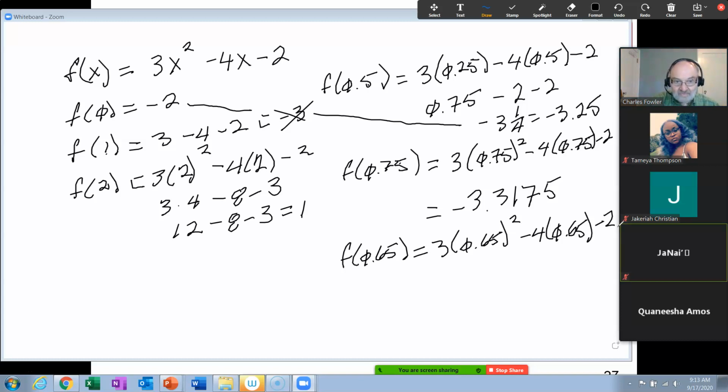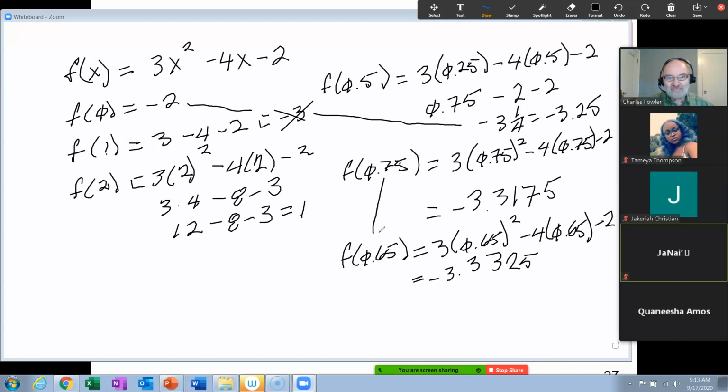negative 3.3325. So this is negative 3.3325. All right, so that's even less. Now it's between these two. And you can keep doing this as long as you want to, okay? Sometimes I call this the method of exhaustion. Until you get tired of doing it, say, hey, that's close enough.